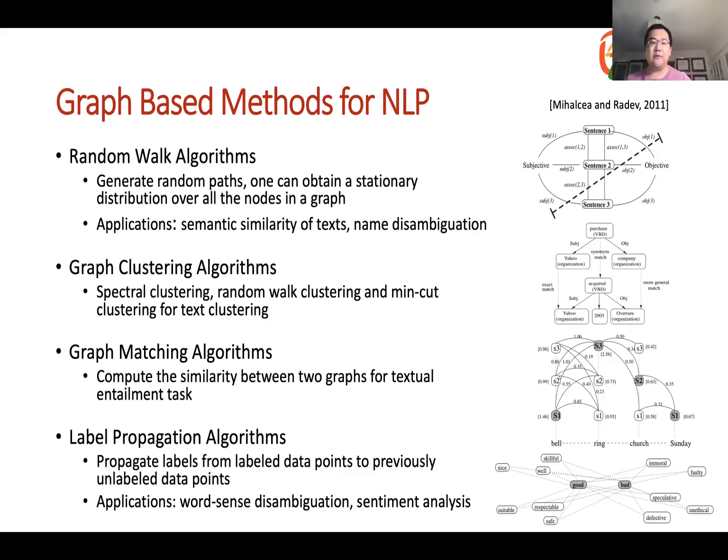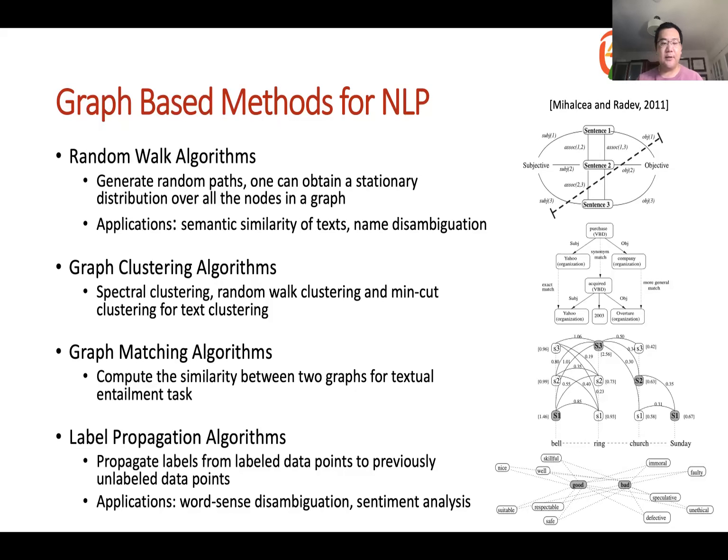People also have formulated the text clustering task as a graph clustering task, so that people may use, for example, spectral clustering, random walk clustering, and min-cut clustering techniques for this task. People can also use graph matching algorithms for certain NLP tasks, such as text entailment, where we try to compute the similarity between two graphs, and the graphs are formulated from the text and hypothesis.